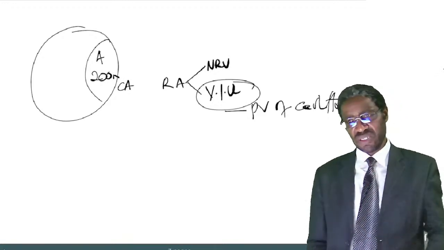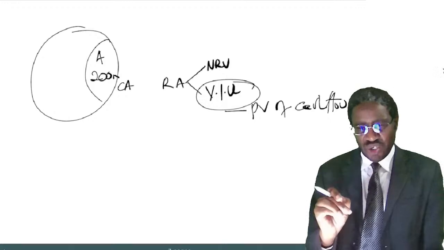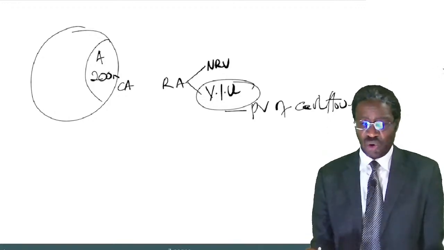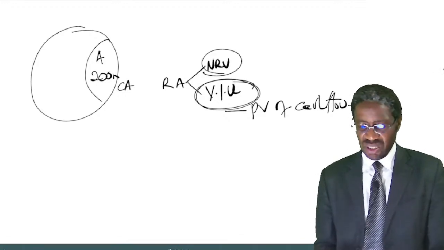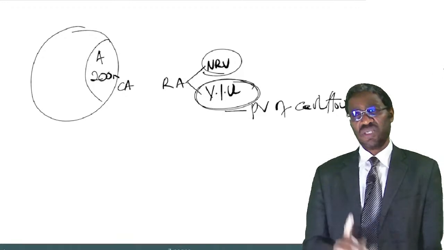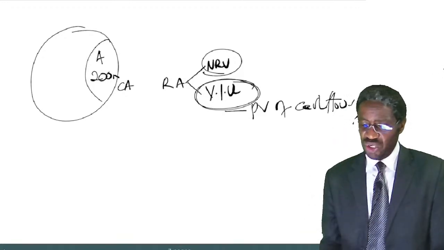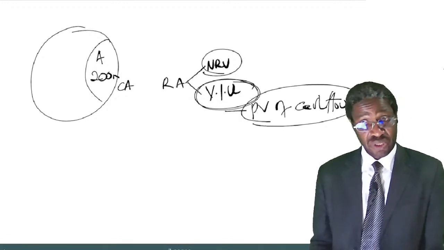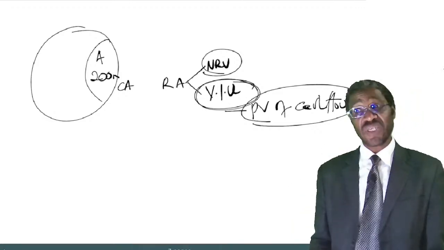I was saying this. You want to calculate the recoverable amount of this asset. You compare the net realizable value and the value in use. To get the value in use, we normally get the present value of all the future cash flows that will be generated from the continuous use of this asset.